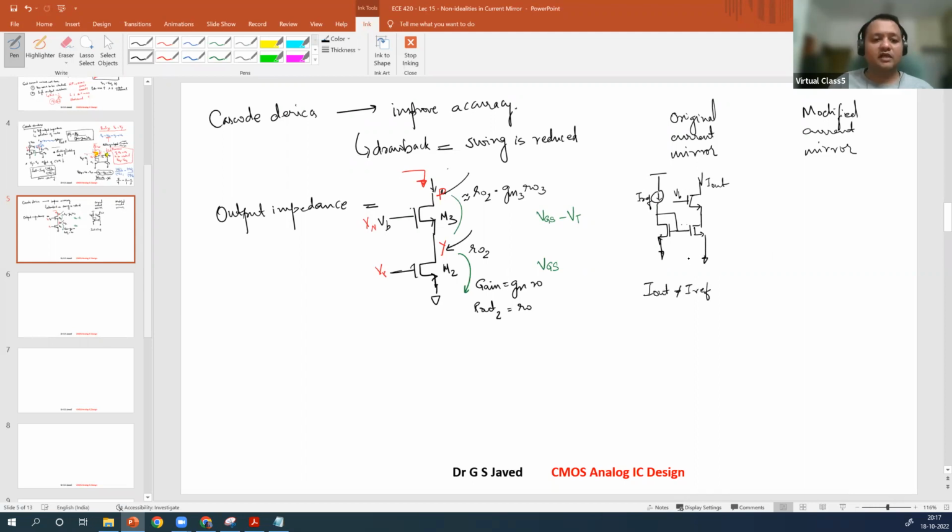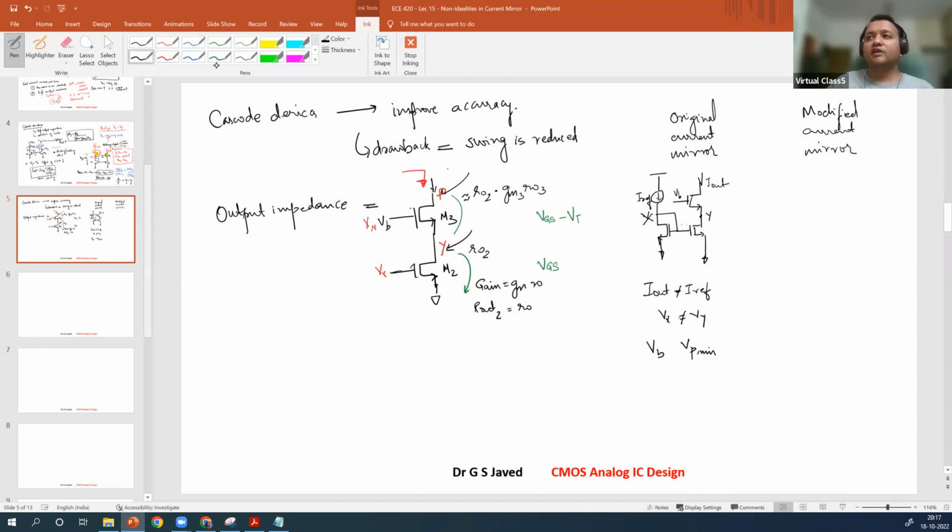In fact, it will be lesser. Second, Vx is not equal to Vy. This is Y, this is X. Vx is not equal to Vy. And because of this, VB is chosen such that VP is minimum.